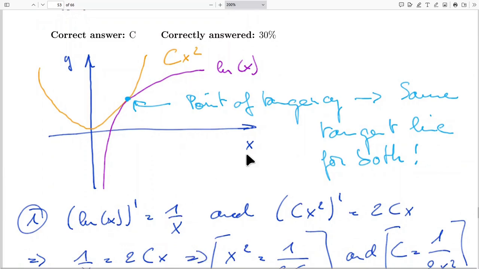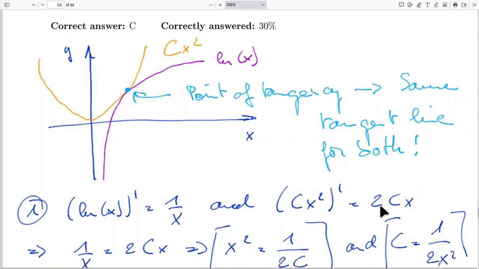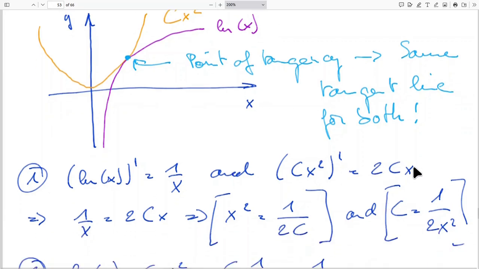So if we take the derivative of ln x, that's 1 over x, and the derivative of C times x squared, that's 2 times C times x, and this will be the slope in that point.